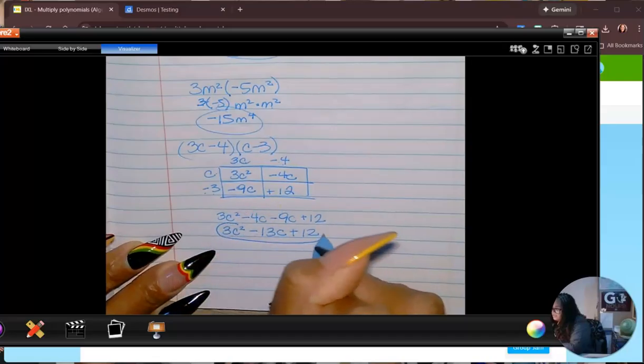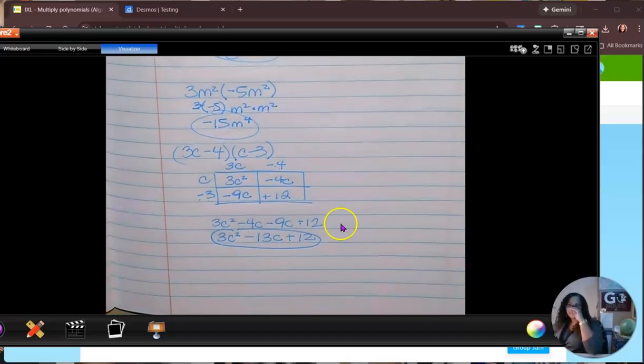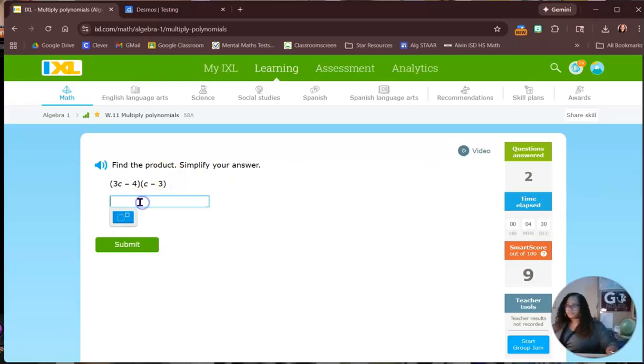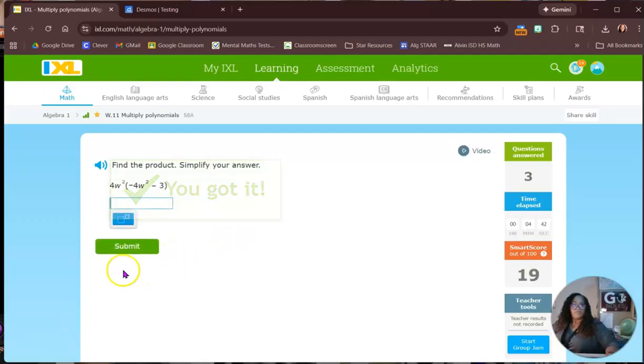And this will be my answer. 3c squared minus 13c plus 12. Let's see if we get this right. Got it. Okay, the next video we'll have more practice on this.